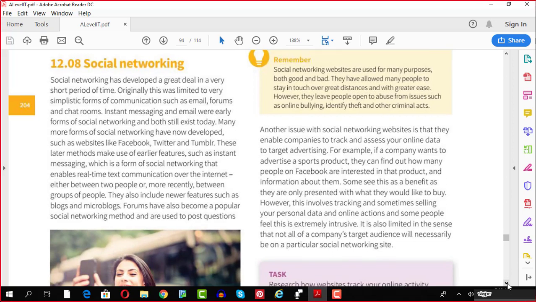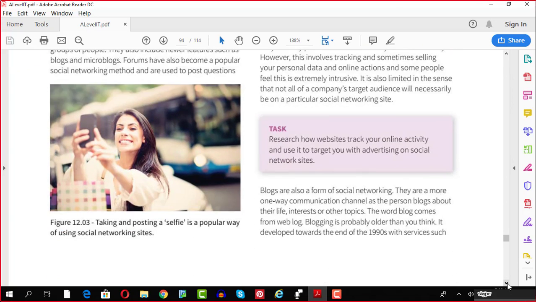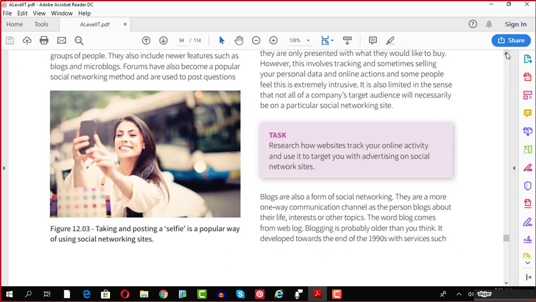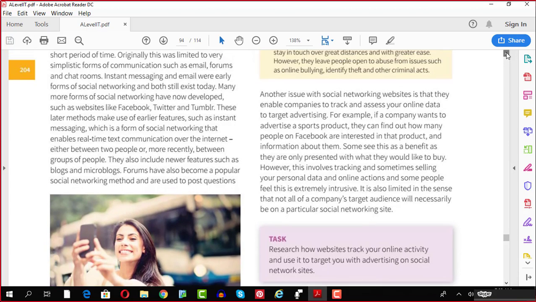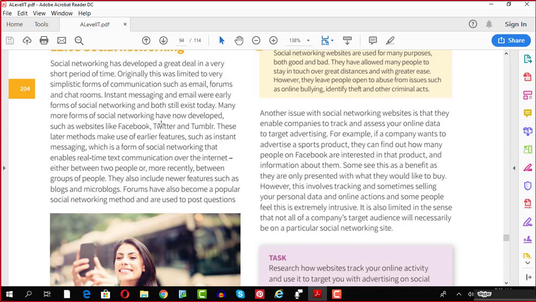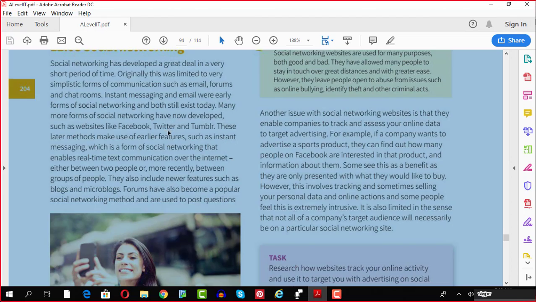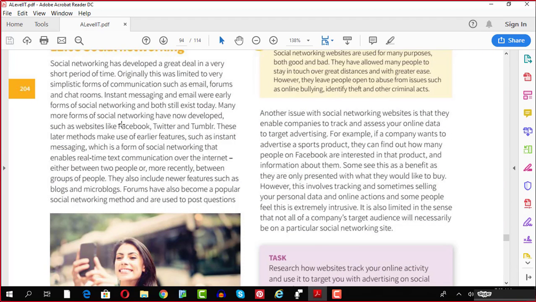Apart from Facebook, my students keep on telling me that there is something new. They mentioned Tumblr. So many people are using it nowadays, not Facebook.